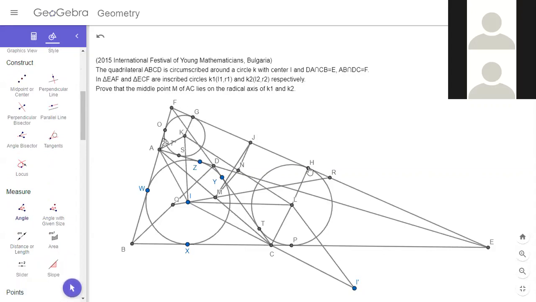I want to see if GAF is similar to HEC. No. All right, let's try this for 5 more minutes and then I'll move on. Feels like we're close, but I'm not exactly sure how to finish it.